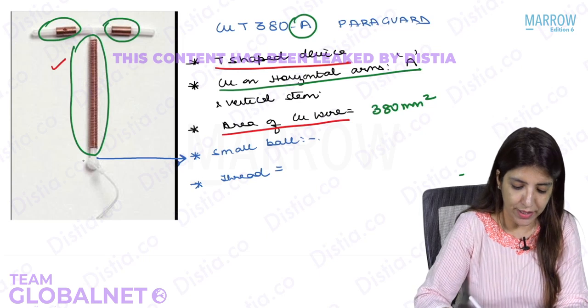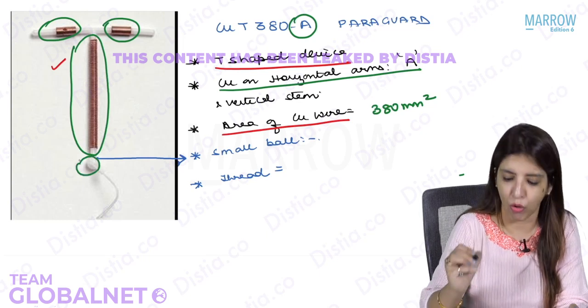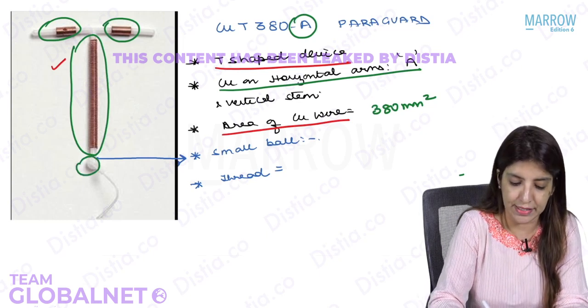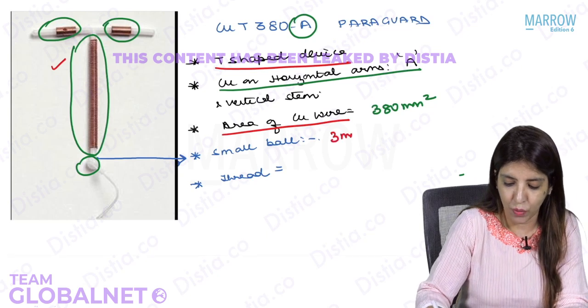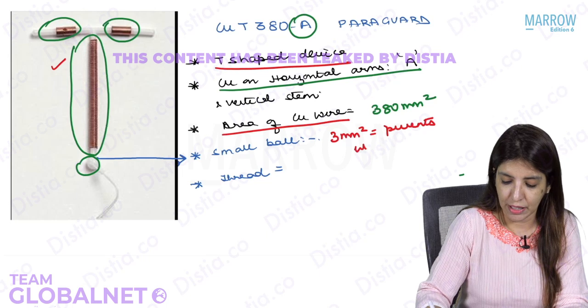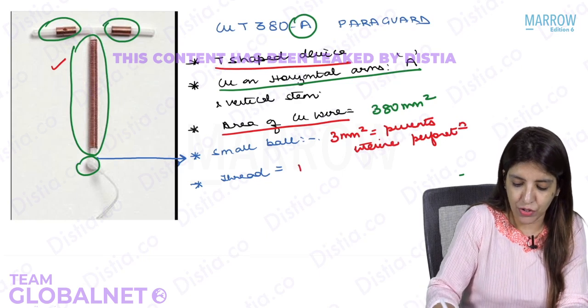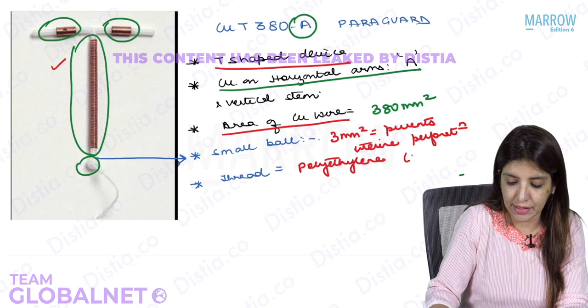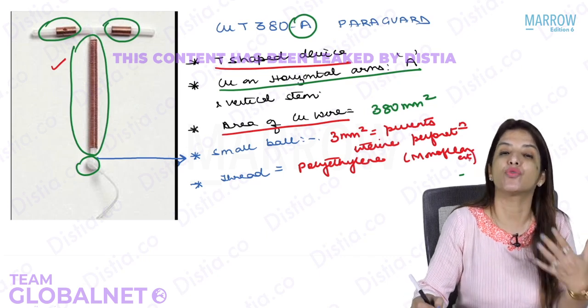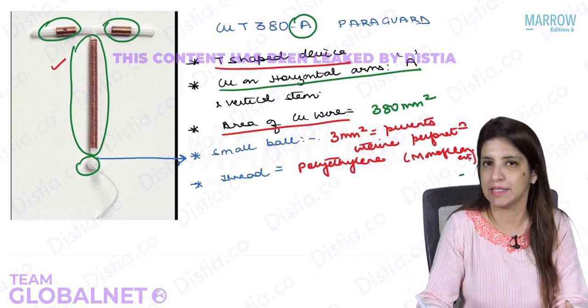Then you can see over here there is a small ball, and this small ball is a 3 millimeter ball which prevents uterine perforation. Right? And there is a thread attached, which is a polyethylene thread. This is a monofilament, and feeling this thread is the way by which a female is going to know that yes, the copper T is in place.